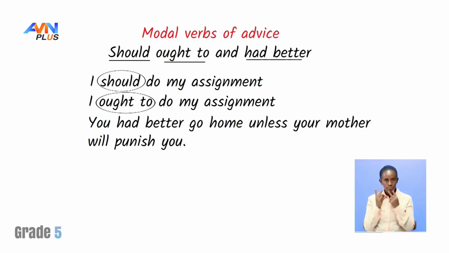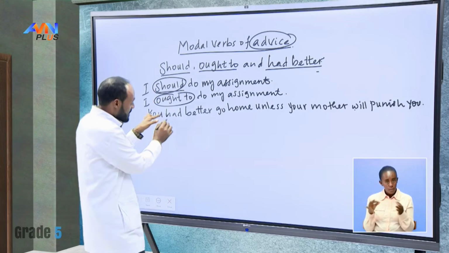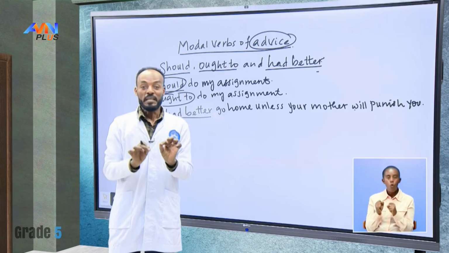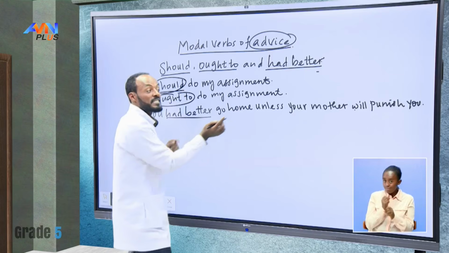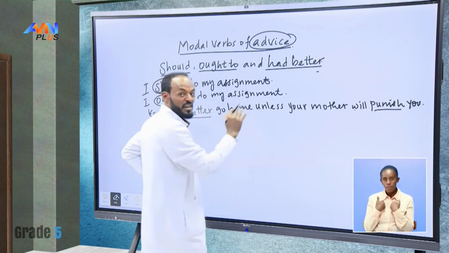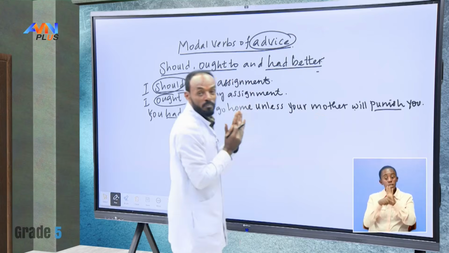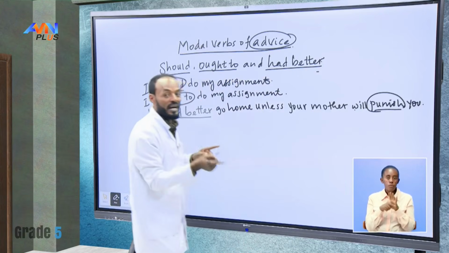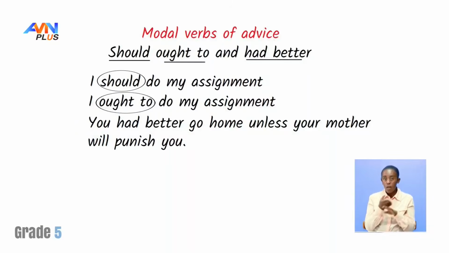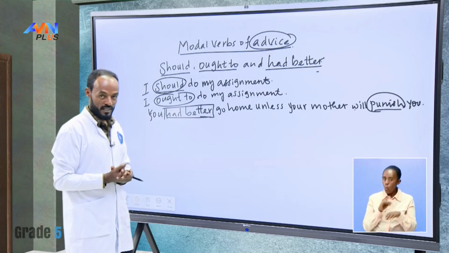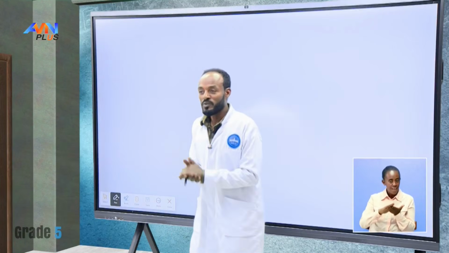Look, in this sentence, I'm giving advice. This means a strong advice. If you don't do this, something will happen. You will be punished. The negative action will happen after the had better. This means a what? Warning. Okay?